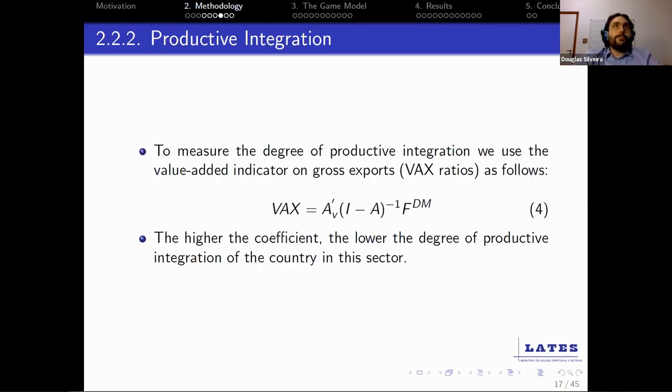Another key variable in our analysis is productive integration. To measure that degree of productive integration, we use the value-added indicator of gross exports as follows. The intuition behind this ratio is that the higher the coefficient, the lower the degree of productive integration of the country in the sector that we are analyzing.